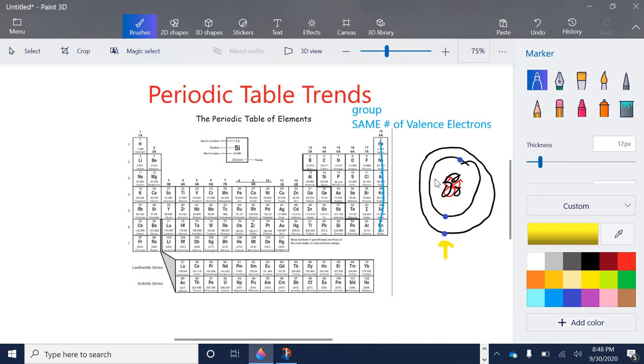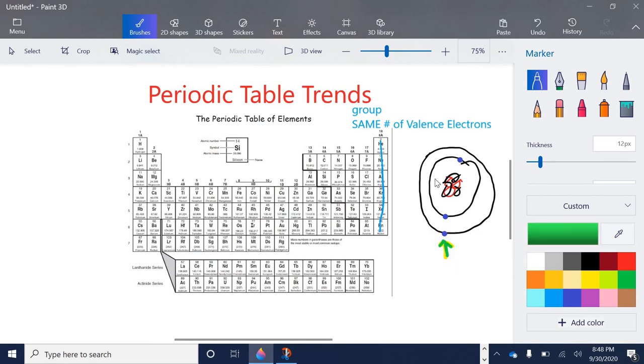Valence electrons are special because since they're on the outside, they're going to be doing most of the interacting with the rest of the world, with other atoms. So when it comes to how atoms react with one another, what sorts of things will form new compounds or won't, that has everything to do with these valence electrons.